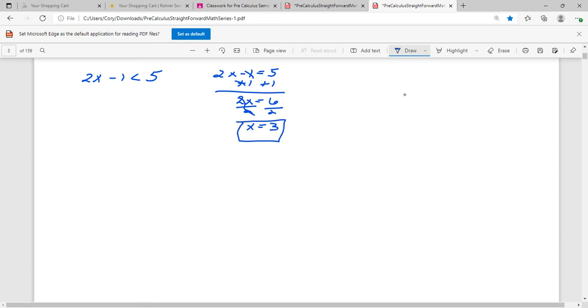So I'm going to use negative infinity. That means that's the only time it is going to cross that line, right here when x is at 3. So I've got to figure out, is it going to be above that line or below that line?